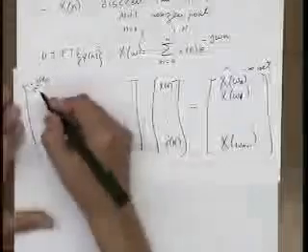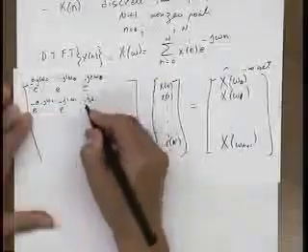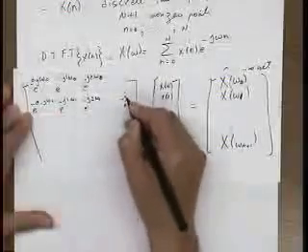And then there's a matrix here, which would be e to the minus j 0 times omega 0, e to the minus j1 times omega 0, e to the minus j2 times omega 0, all the way, and then the next row is e to the minus j 0 times omega 1, e to the minus j1 times omega 1, e to the minus j2 times omega 1, all the way to e to the minus jn times omega 1.